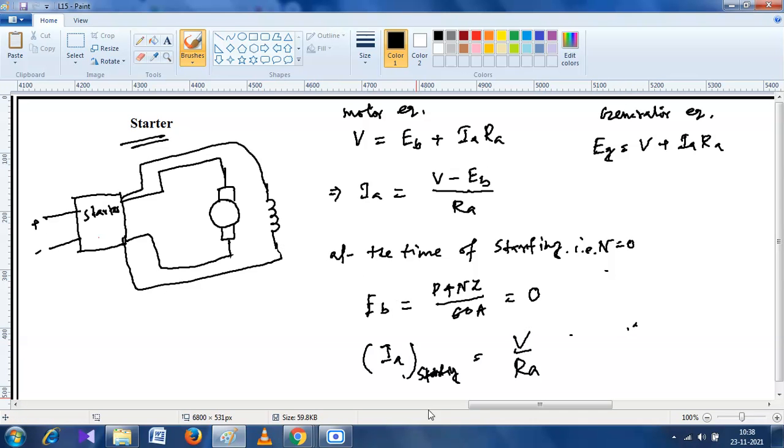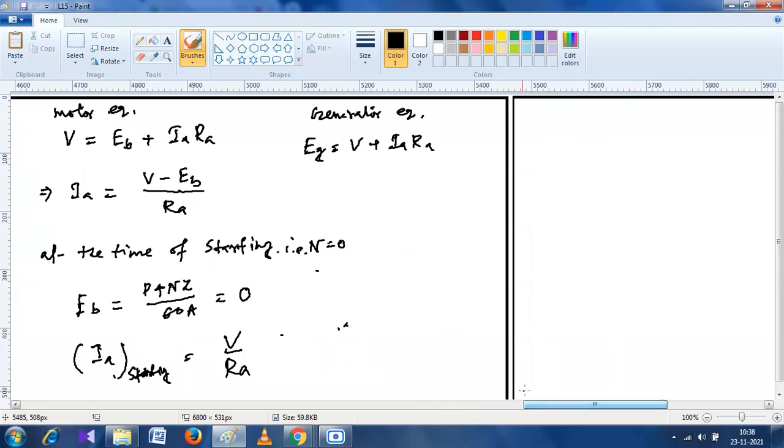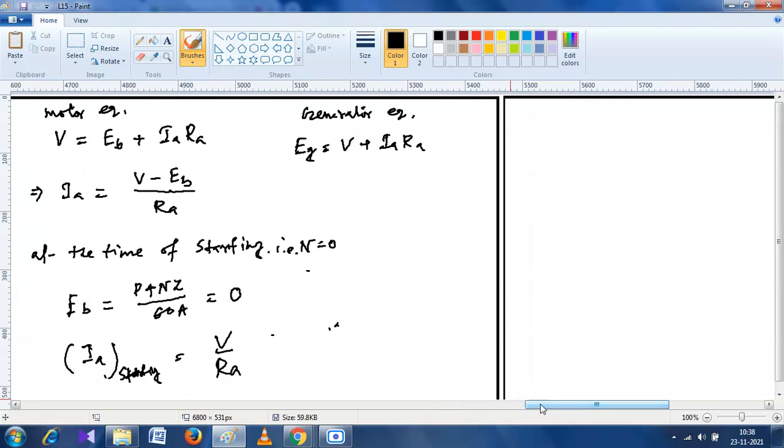So we took some numerical so that you can understand it easily. Suppose the value of V is 220 volts, and the value of Eb is 200, and the value of Ra is 0.5 ohm.